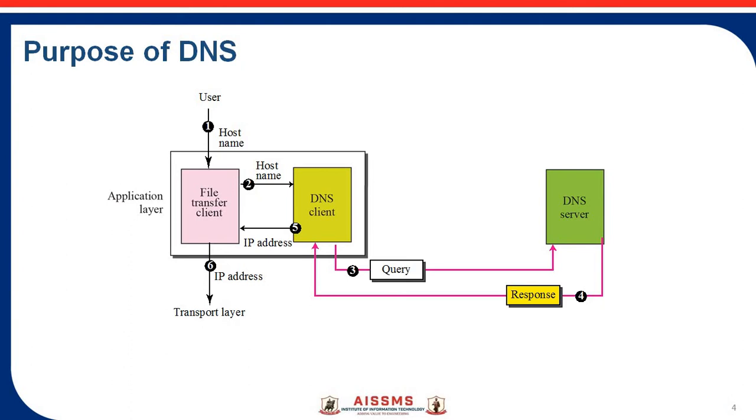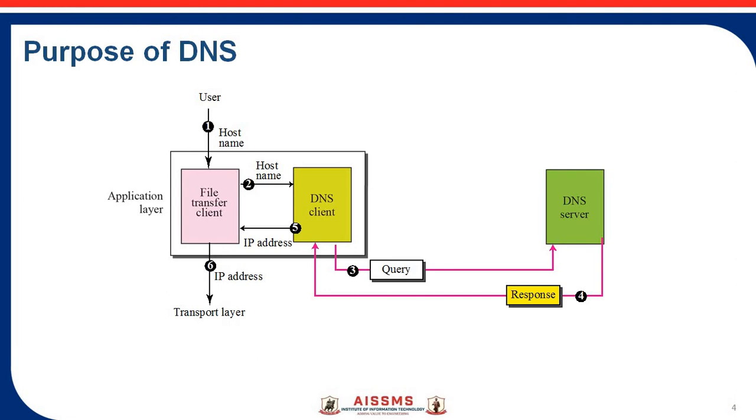First step, the user passes the hostname to the file transfer client. Second, the file transfer client passes the hostname to the DNS client. Step number 3, the DNS client sends a message to DNS server with a query that gives the file transfer name using the known IP address of the following DNS server.